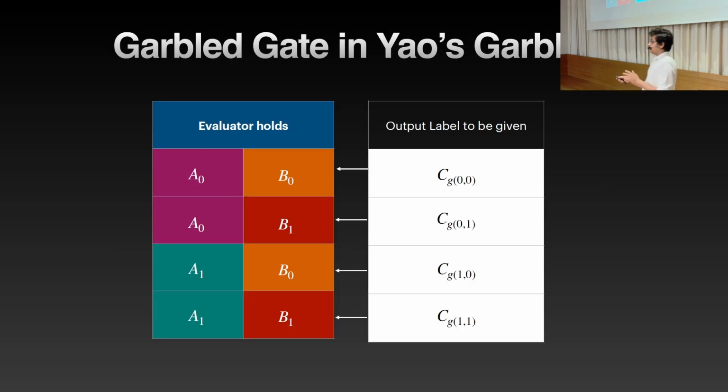Okay, how do we achieve this? This is the classical notion of Yao's garbling, where let's say the evaluator holds one of the 4 possible combinations of wires, which means one label for wire A and one label for wire B. Then it needs to obtain the output label given in the right-side table.